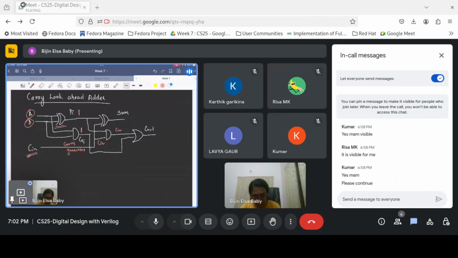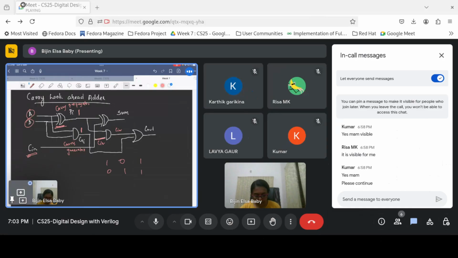So this is going to propagate the carry. So we can call it just carry propagate. And this is carry generate. So this is an XOR gate. So if any of the inputs is 1, sorry, 1 0 or 0 1, it will be 1, right? So this is going to propagate the same here.